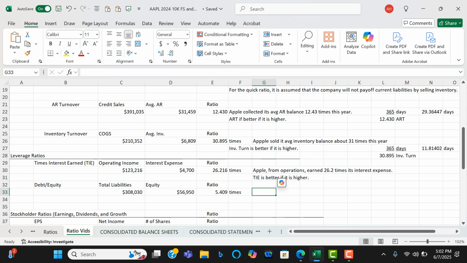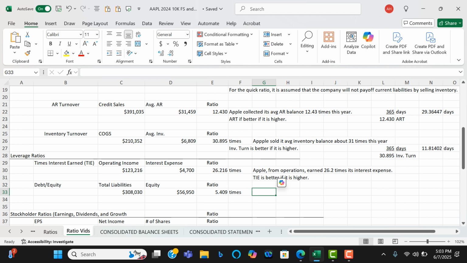Usually you like this ratio to be less than 1, to have more equity than liabilities, but not in the case of Apple. It's not something I'd worry about in the case of Apple because their cash flow is really good. It's something we don't really cover in this course, but they have so much cash they could pay off any debt they want at any time, just because their profit margins are so high. And when you have high profit margins, you generate a lot of cash. And they're selling a lot of inventory too.